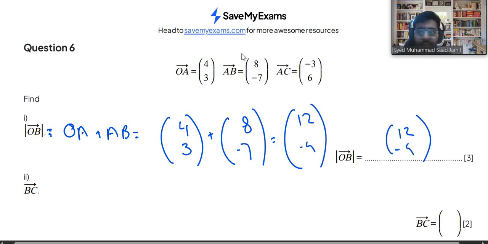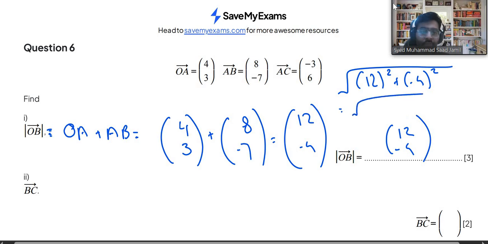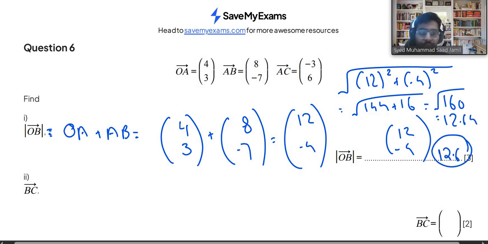But remember, this is not our final answer. Why? Because we need to find the magnitude. So magnitude would become 12 square plus negative 4 square. So this becomes 144 plus 16. 144 plus 16 is 160. Which is equivalent to 12.64. So your answer is actually 12.6. Alright, it's not 12, negative 4, it's 12.6.